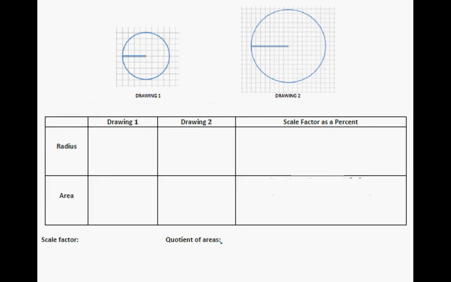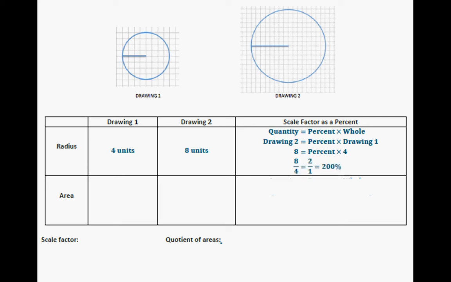Alright, let's take a look at drawing 1 and drawing 2, which are two circles. So based on the radius, drawing 1 is 4 units and drawing 2 is 8 units. So again, using quantity is equal to percent times the whole, drawing 2 is equal to percent times drawing 1. So that'd be 8 equals percent times 4, which would be 2 over 1, or 200%.